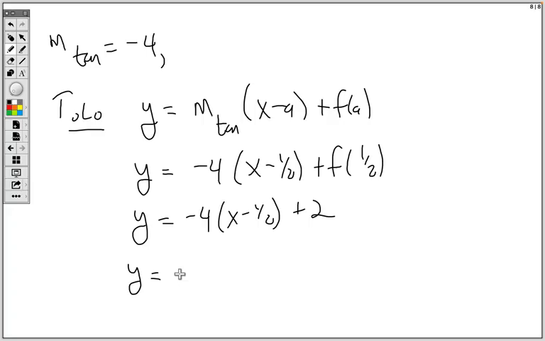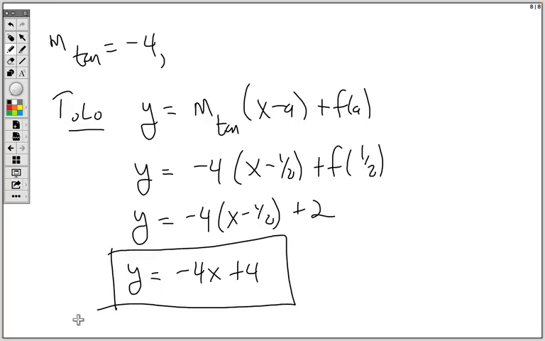So let's simplify. Negative 4 times x. Negative 4 times negative 1/2 is a positive 2. Plus positive 2 is positive 4. So if I graph my function, and I graph this line, and I zoom in near the point 1/2, 2, the graph of the function and the graph of the line should be indistinguishable.